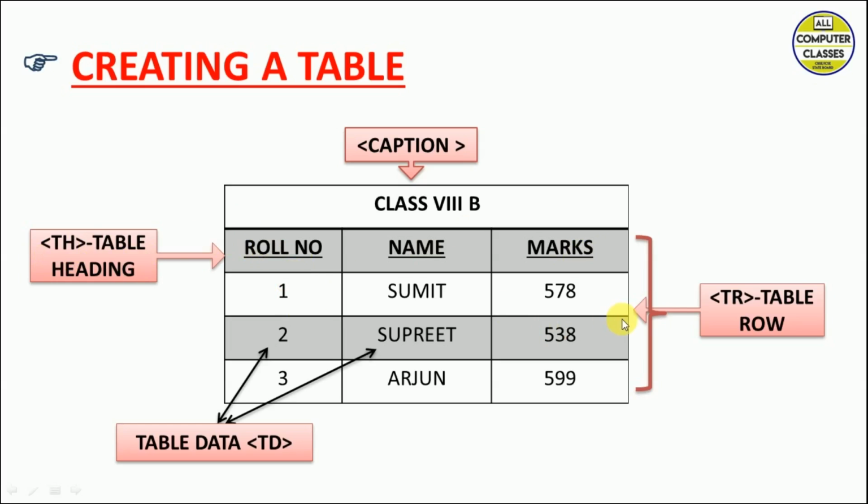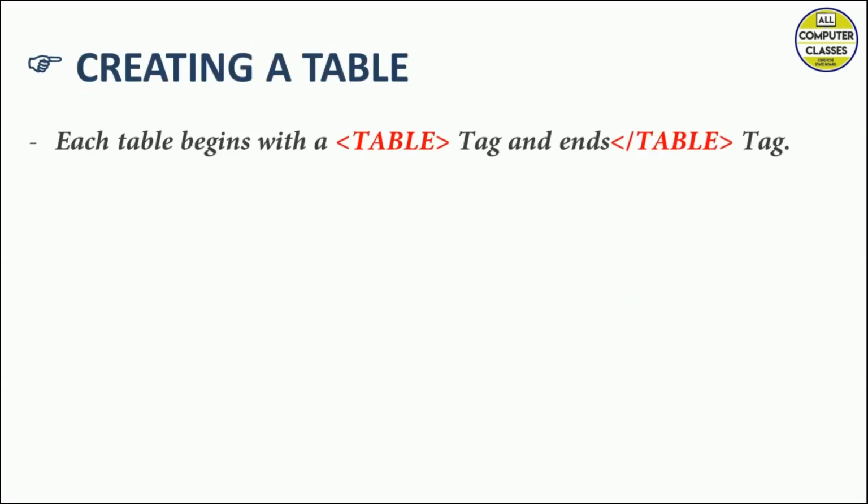Then we need to mark the rows, right? So for putting data in the rows, we will be using tr tag, that is table row. Then for putting in the data, we will be using table data, right? Let's know more about it. So each table begins with the table tag and ends with the closing tag of table, right?